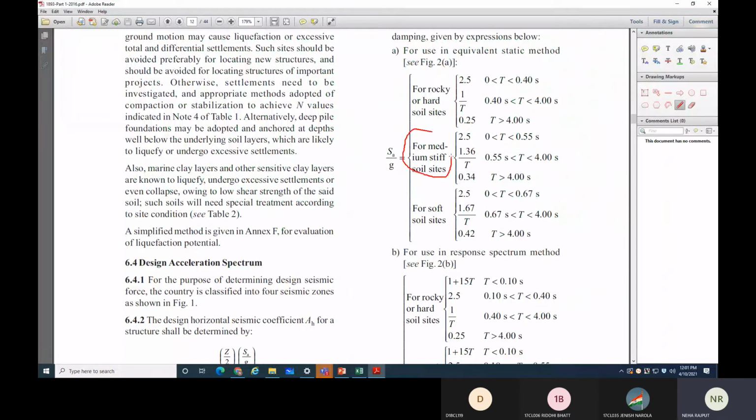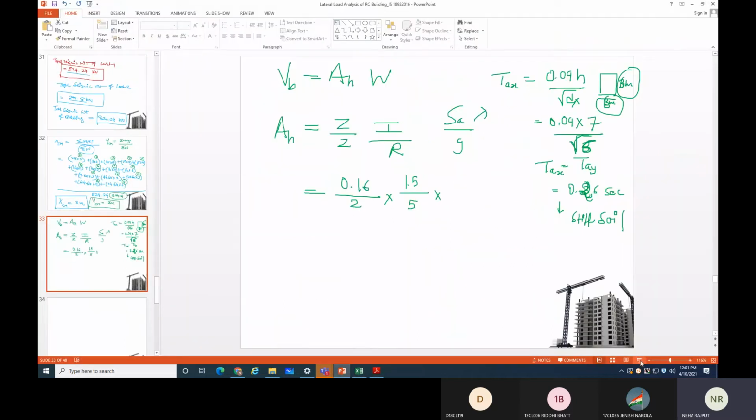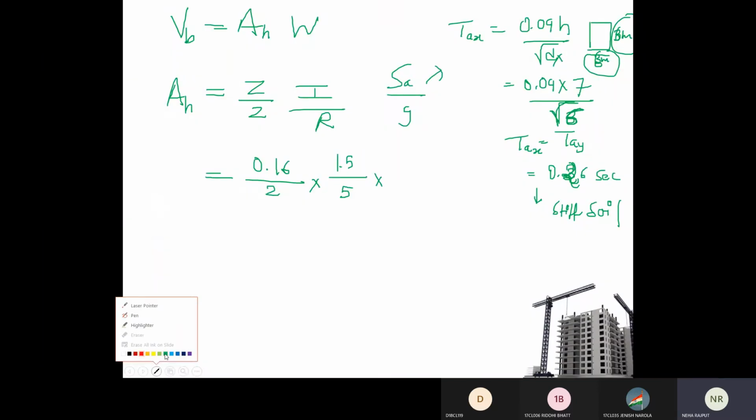Stiff soil means, yeah, 0.26, so your Sa by g value is 2.5. Now find out Ah. 0.06.